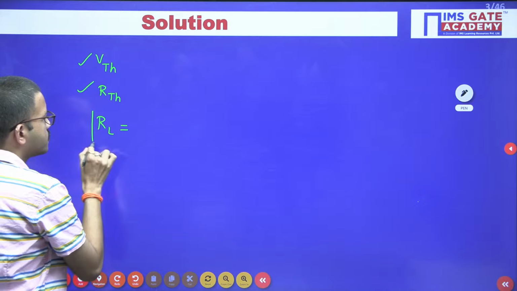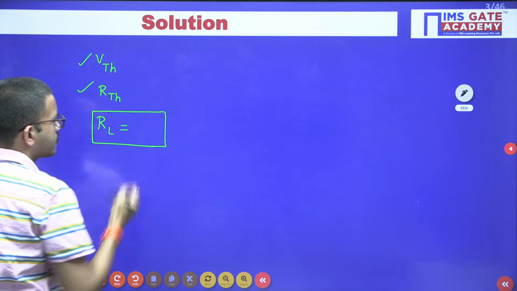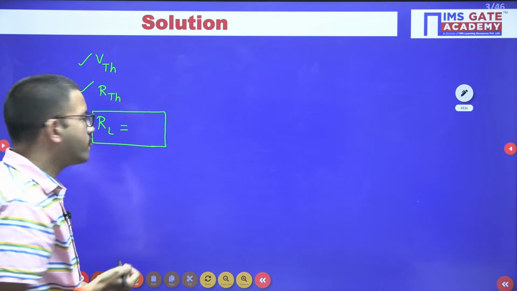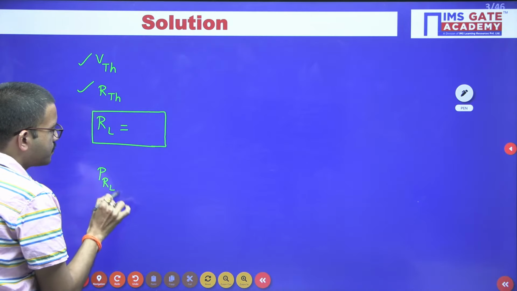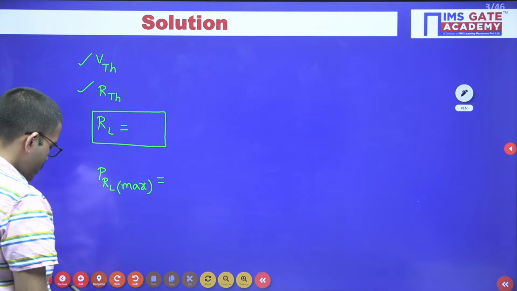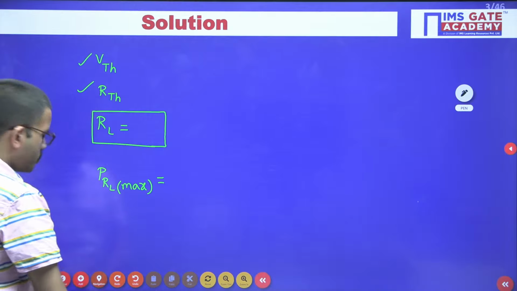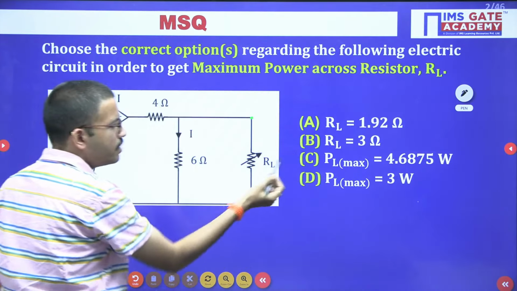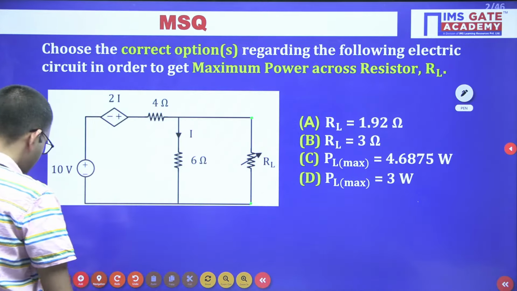RL should be equal to... And once you calculate RL, after that we can calculate the maximum power across the load resistor RL. In this question, I have mentioned it as PL max. So PL max is nothing but the maximum power across the load resistor.